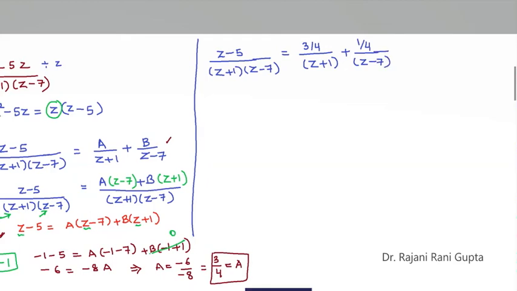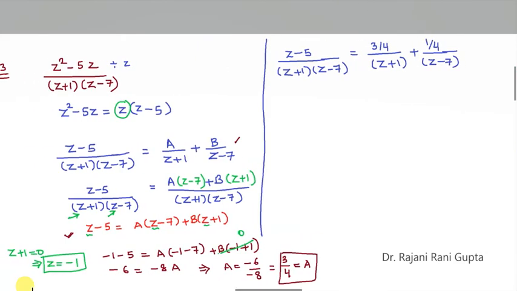Okay, but this is not your actual question. In your question you are not having z minus 5, you are having z square minus 5z, isn't it?